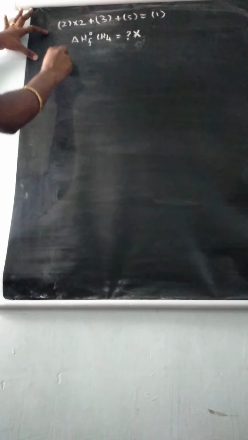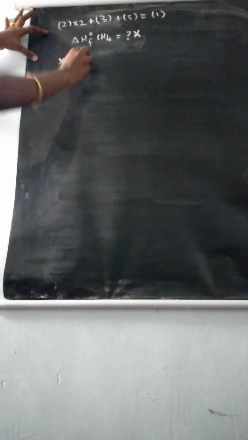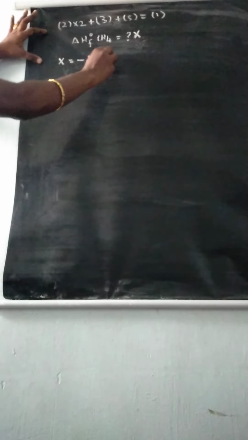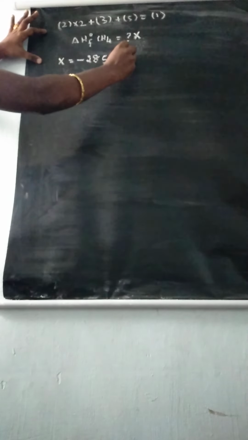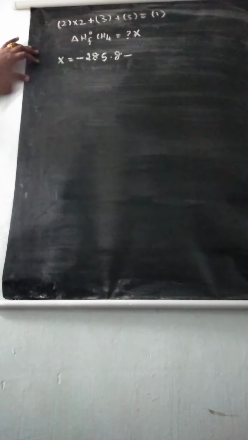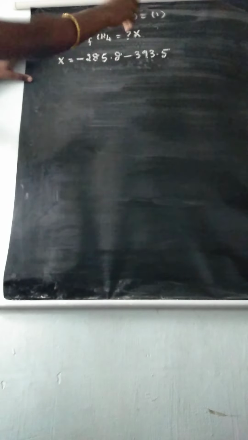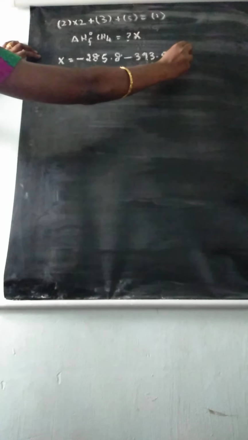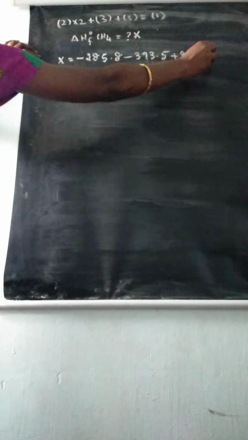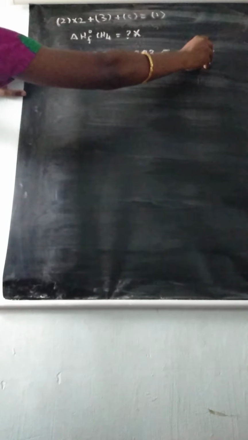Equation 1: X is equal to the equation 2 answer, which we already learnt, delta H naught value minus 285.8, minus 285.8, plus the equation 3 value, which will be minus 393.5, minus 393.5, plus equation 5, 890.4. Understand?